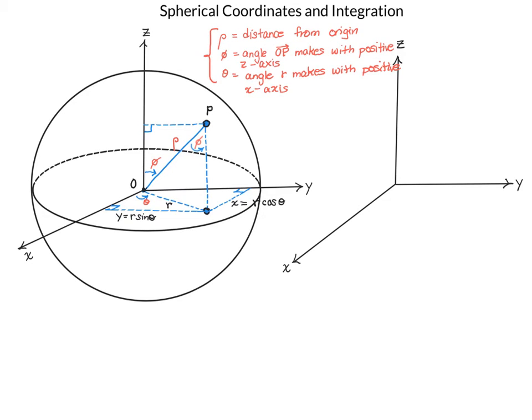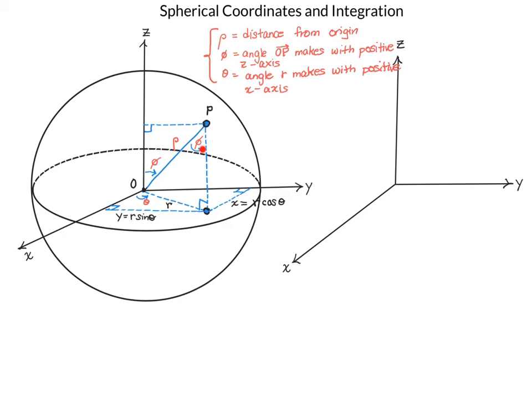So if we look at this, we can see that we have a right triangle right here. So this is a right angle. And the hypotenuse of this right triangle has a length of rho. And one of the acute angles is right here.